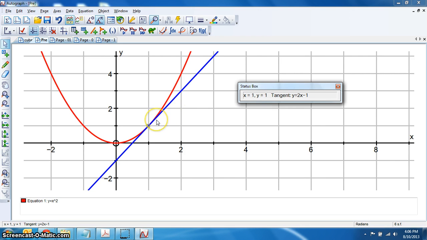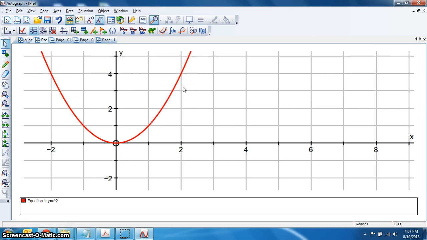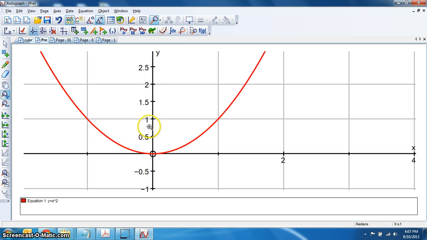In the same way, the derivative tells you how fast the curve is changing. Let me illustrate that by zooming in. Suppose I zoom in to this point of the graph.